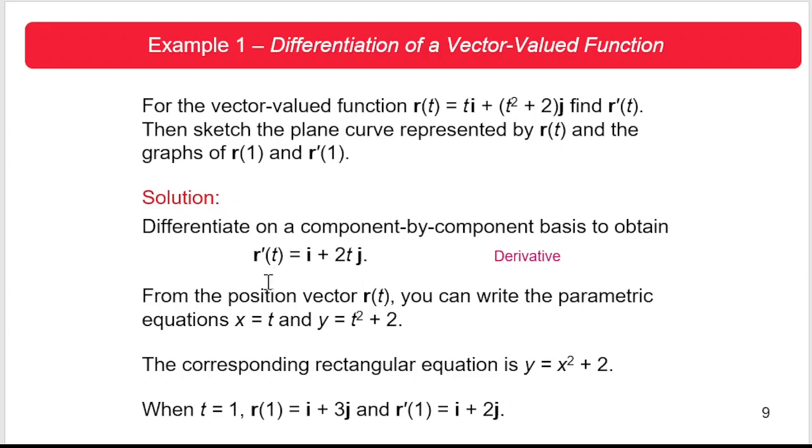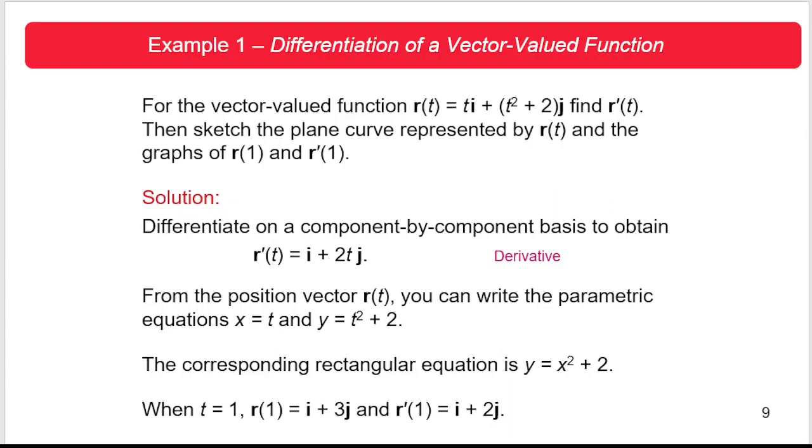And from the given vector valued function, we can identify the x and the y component. So the corresponding parametric equation is of this form: x equals t for the first component and y equals t squared plus 2 for the second component.